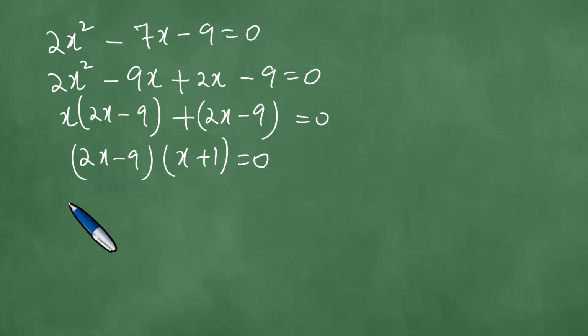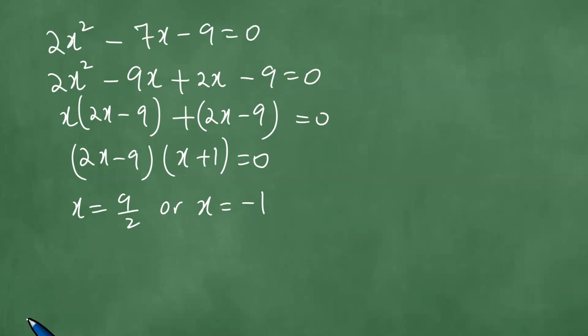And then now you have x equals 9 over 2, or x equals minus 1. So after this, we have got the values of x, but do they work, these values of x? We need to check.